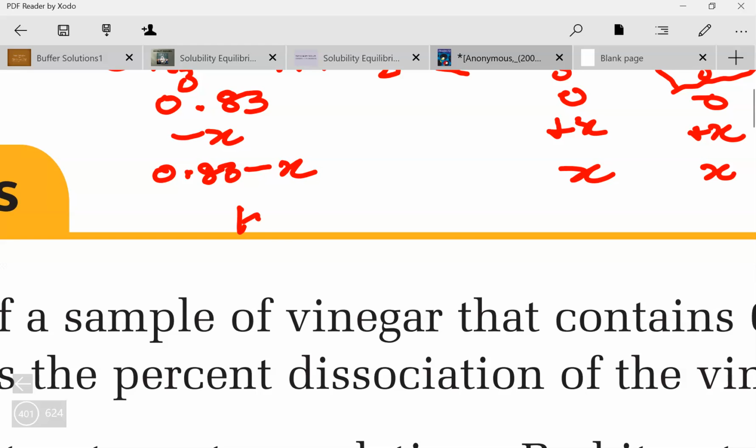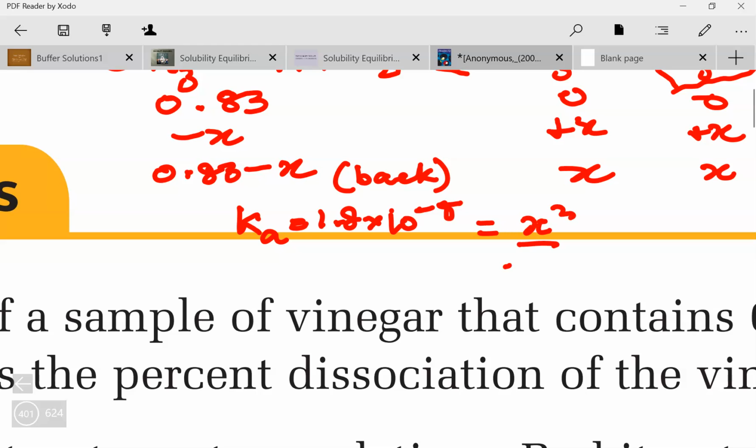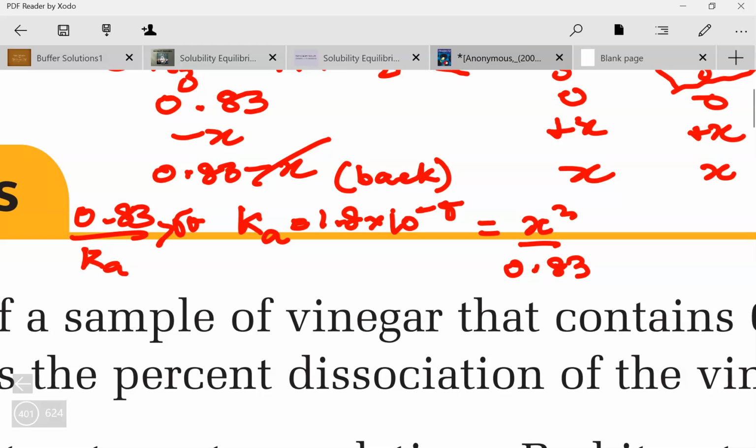So Ka equals x squared divided by 0.83, not minus x, because 0.83 divided by Ka is greater than 500, justified.